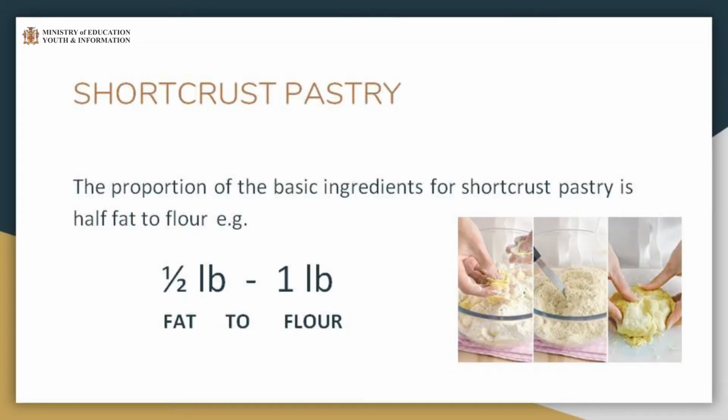Let us explain the proportion for each type of pastry. Short crust. Short crust uses a proportion of half fat to flour. What do we mean? If we have 1 pound of flour, it means that we would need 8 ounces of fat. You may be wondering, fat? Yes.